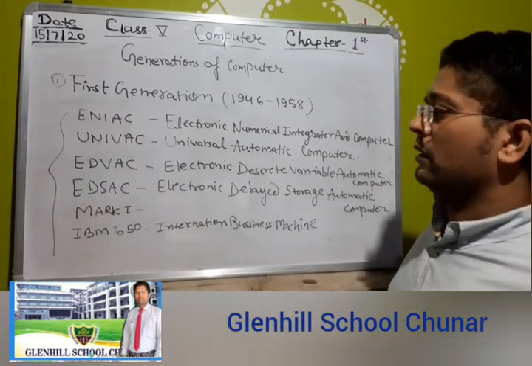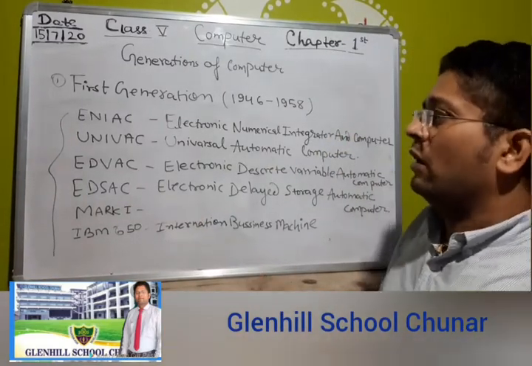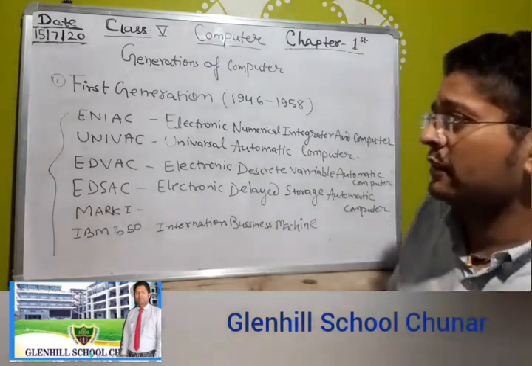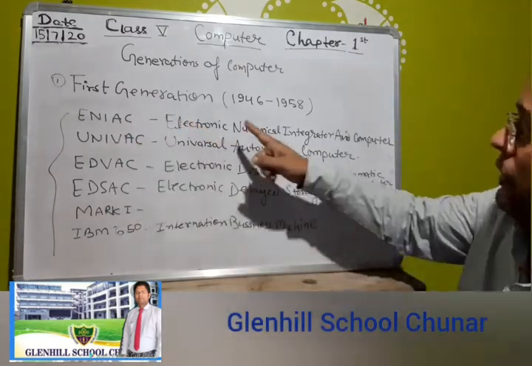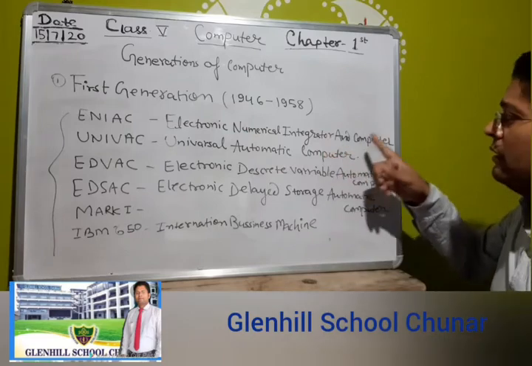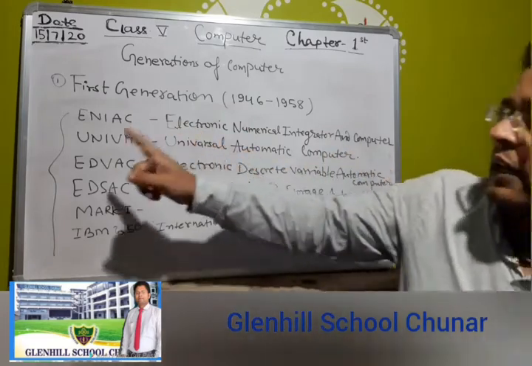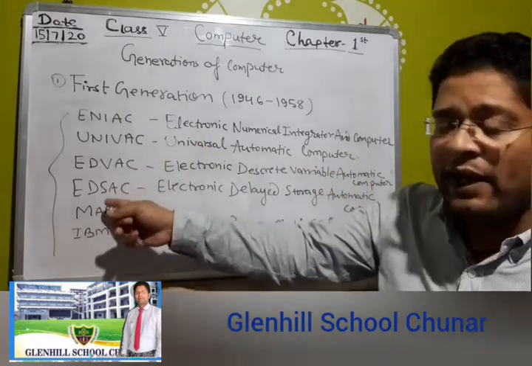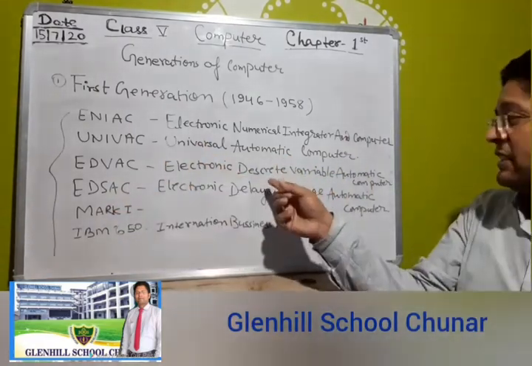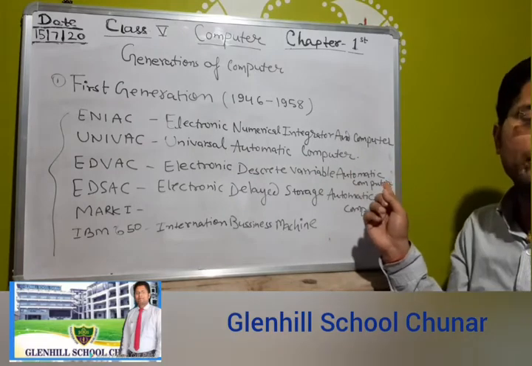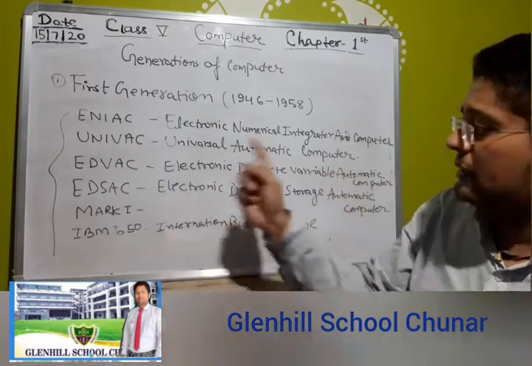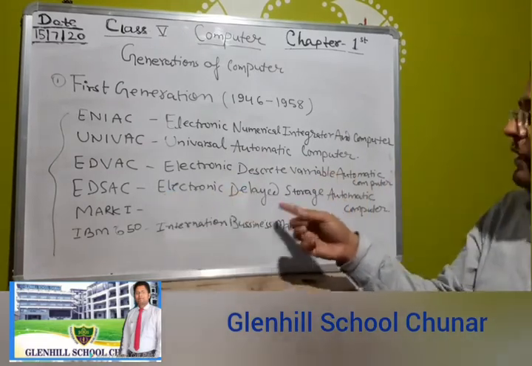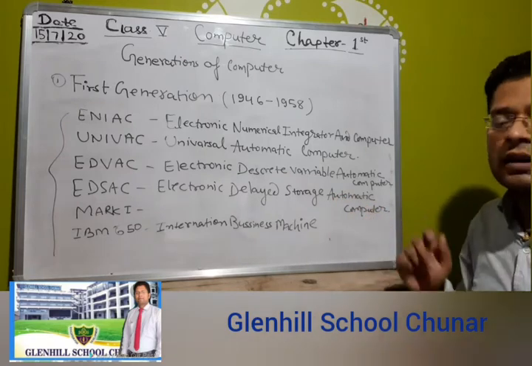So these are computers of the first generation. ENIAC, Electronic Numerical Integrator and Computer. Then UNIVAC, Universal Automatic Computer. EDVAC, Electronic Discrete Variable Automatic Computer. And EDSAC, Electronic Delayed Storage Automatic Computer.